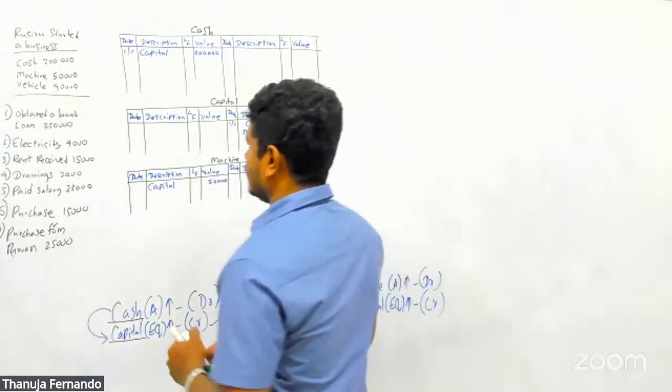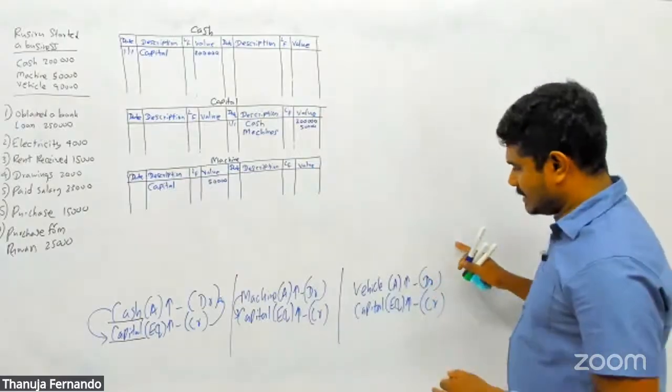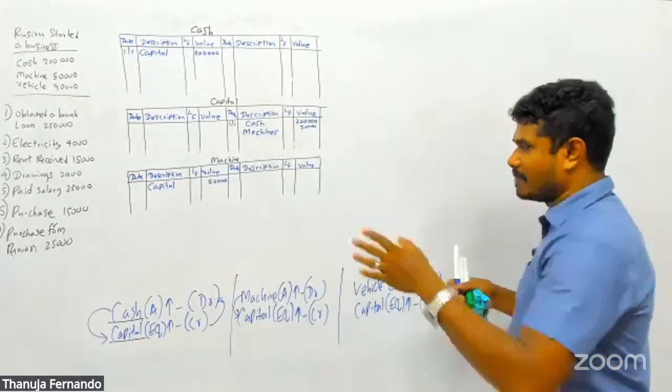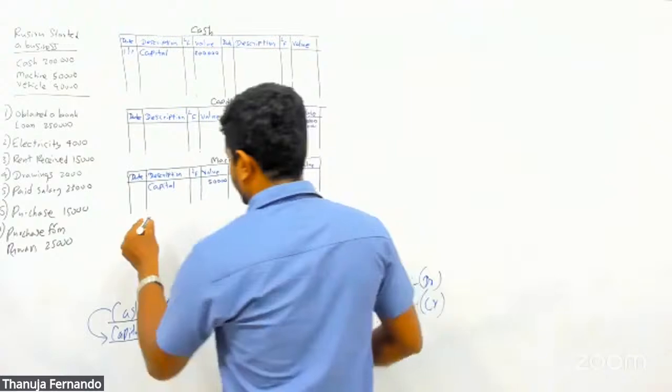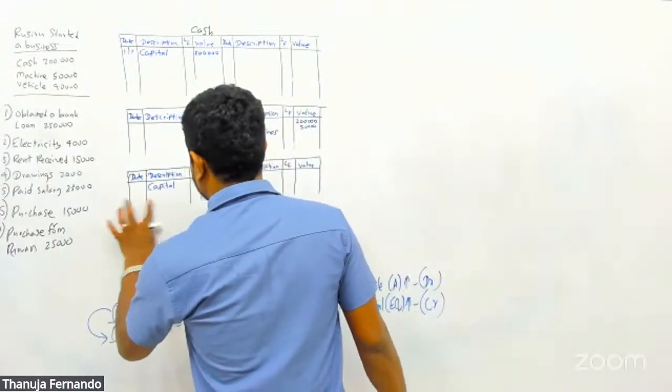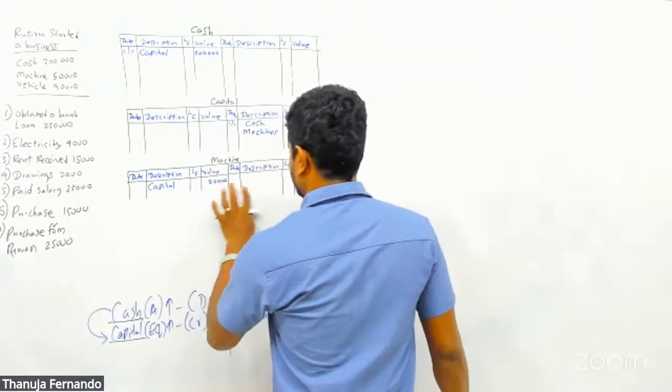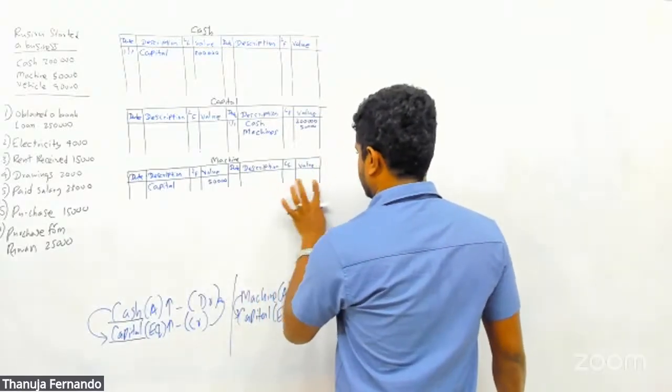Next one, vehicle debit and capital credit. We already have a capital account, so we need to prepare only a vehicle account, right? Vehicle.